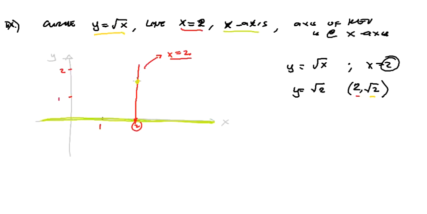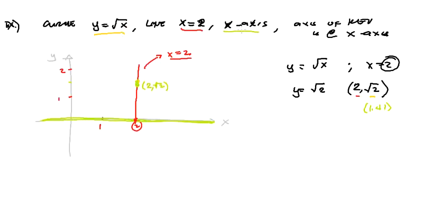So using my calculator, the square root of 2 is 1.41. So if we have 2, 1.41, around this point is 2, and square root of 2, right?